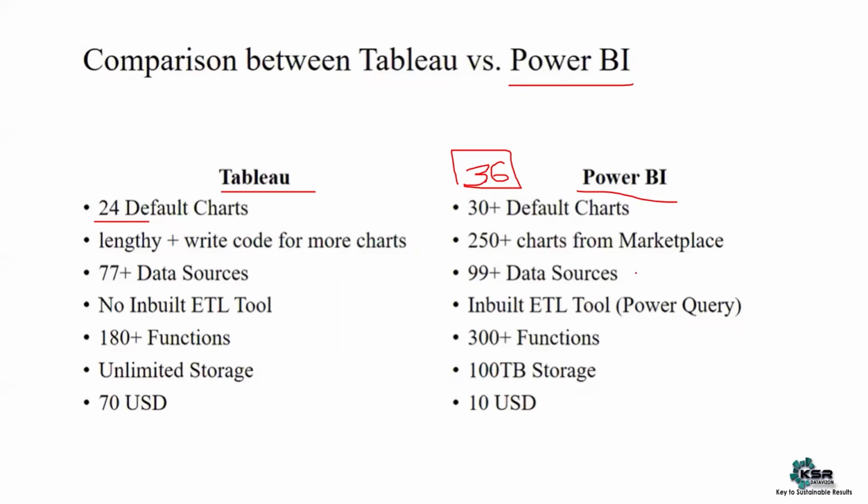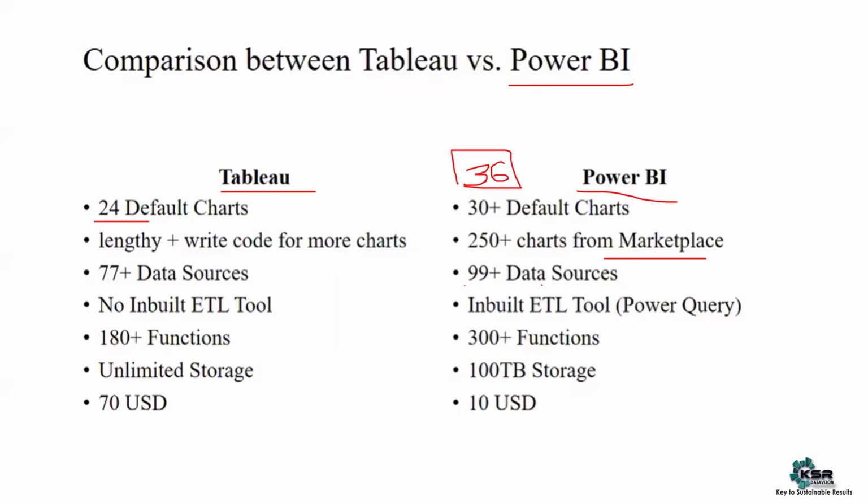You can directly drag and drop the columns, the values, the dataset values. So that is the difference: 10 more visuals, and you need not write a single line of code. Whereas in Tableau, yes, there are certain formulas which you have to write. In Power BI, that is not compulsory.